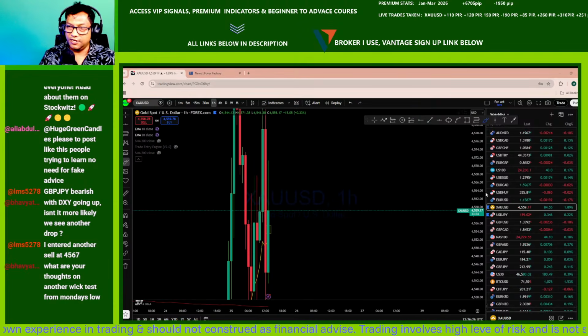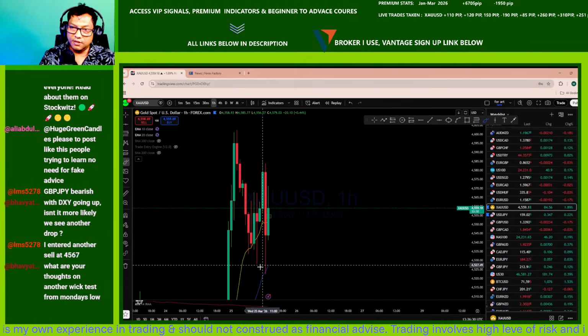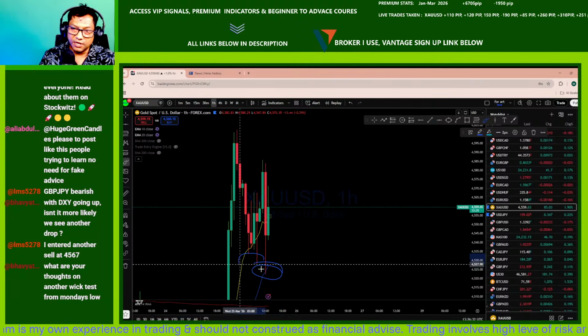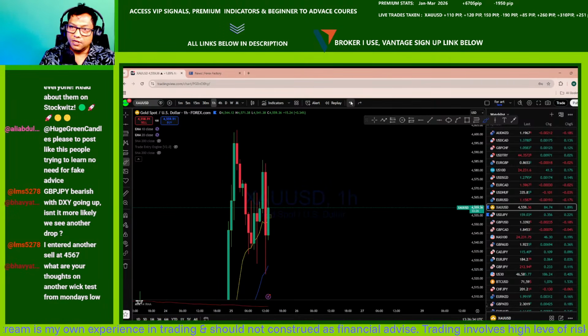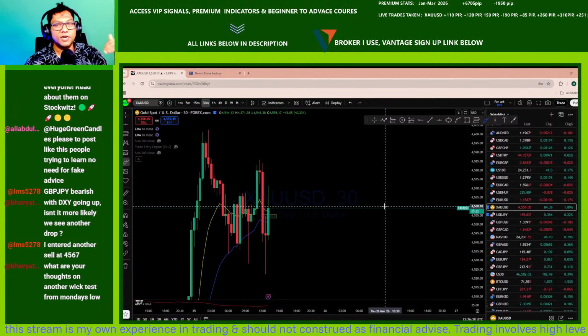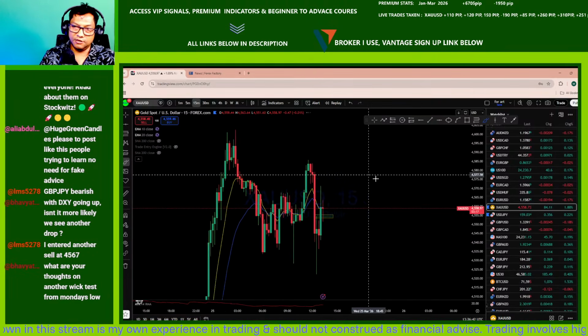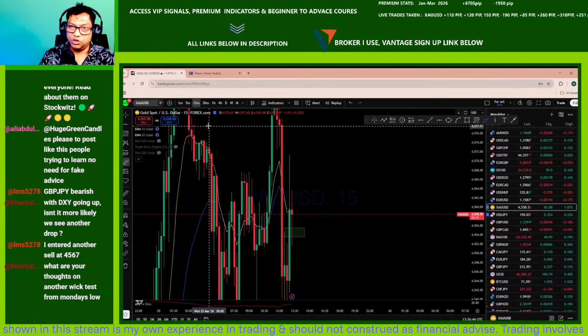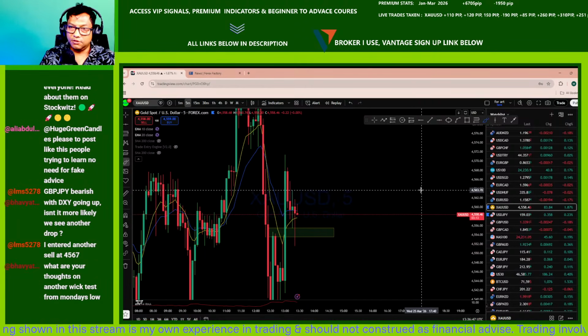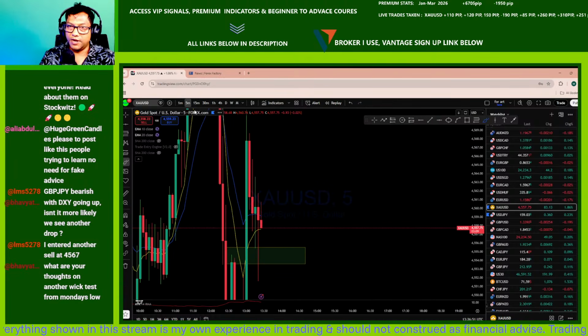Usually when the market creates this kind of false breakout multiple times, that's a sign of moving in the direction of the trend. That's what we could see here, so we are looking at those areas to give us an entry back above.